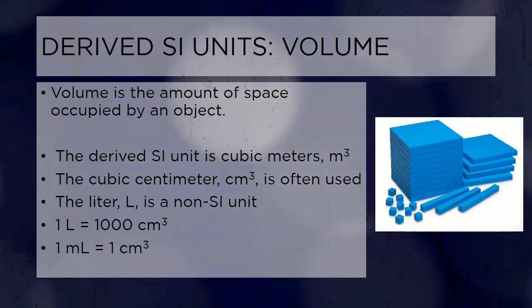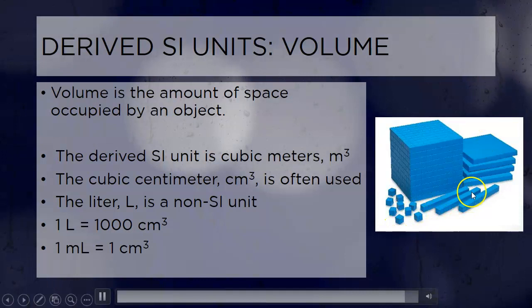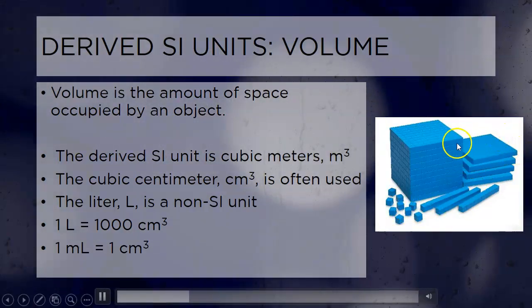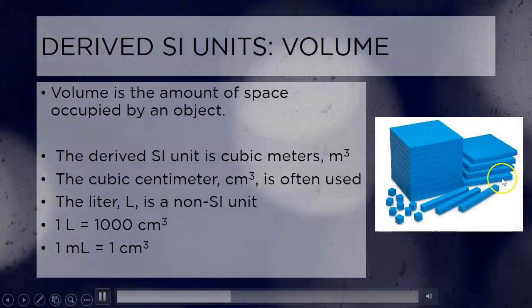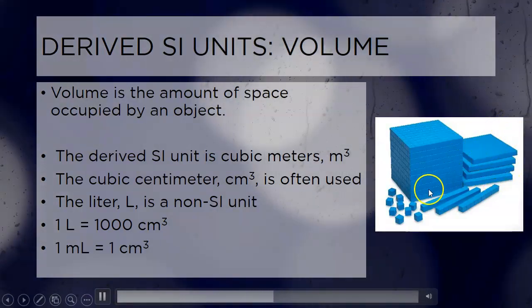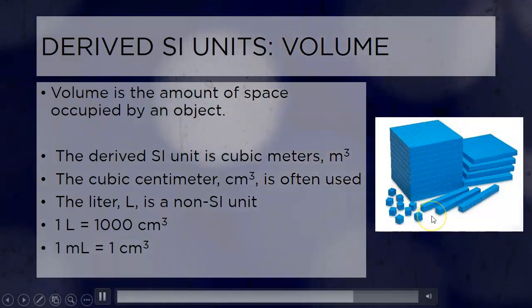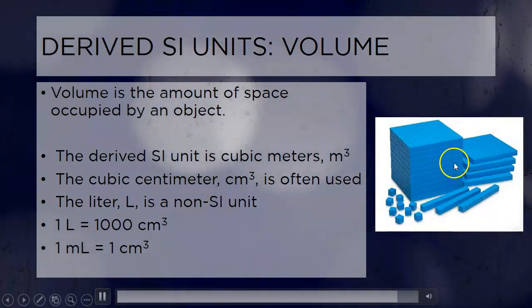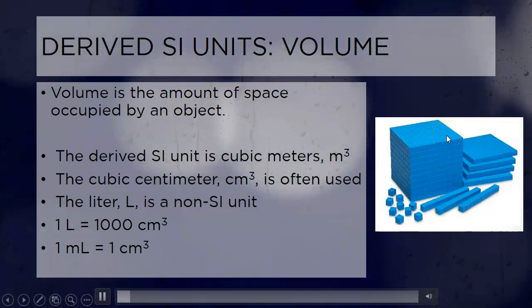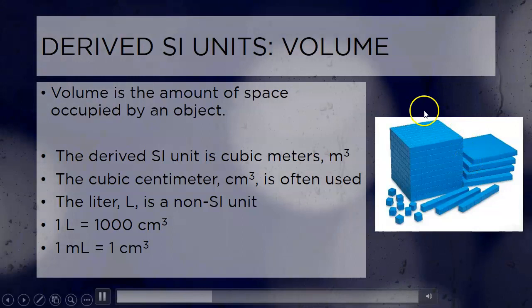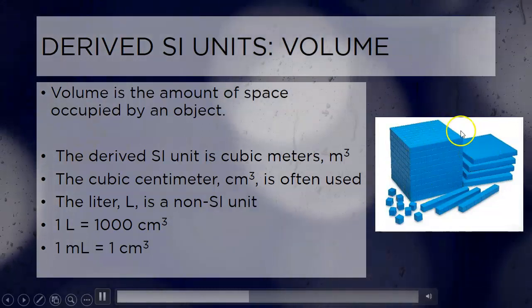You line up 10 of them. You have a row of 10 cubic centimeters. You make 10 rows of 10, and then you have these squares of 100 cubic centimeters, and then you stack those up and you get 10 of those. Eventually you have 1,000 little cubic centimeters. That would represent a liter. A liter is not an SI unit, it's just kind of a definition of 1,000 cubic centimeters.